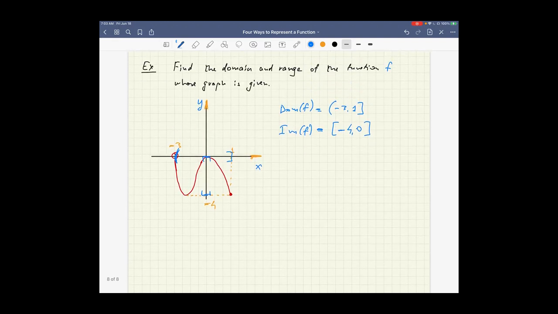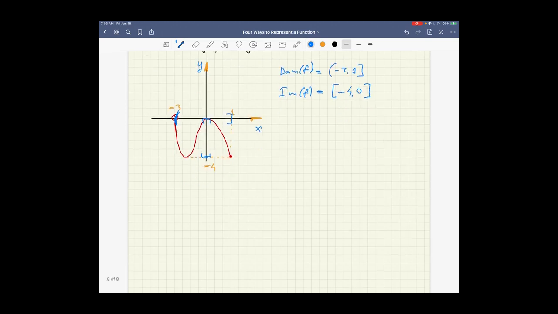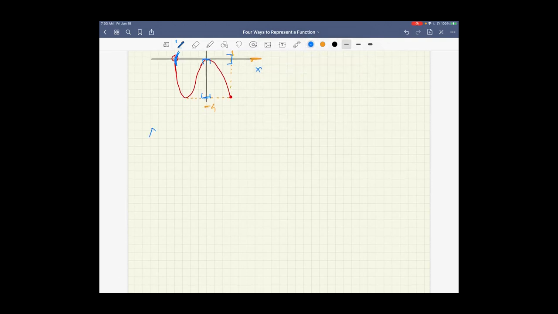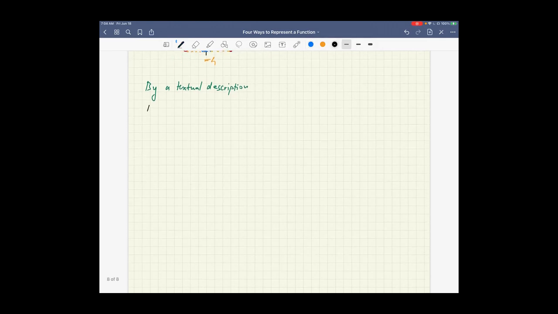And finally, the fourth way to represent a function, the least common, we sometimes represent functions by textual description. And let me give you an example here.